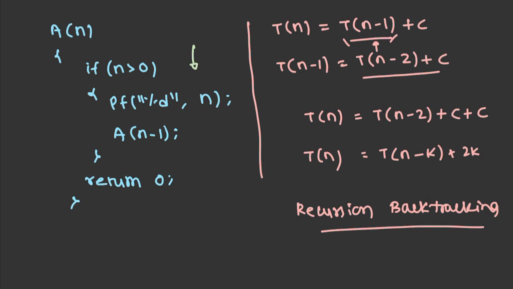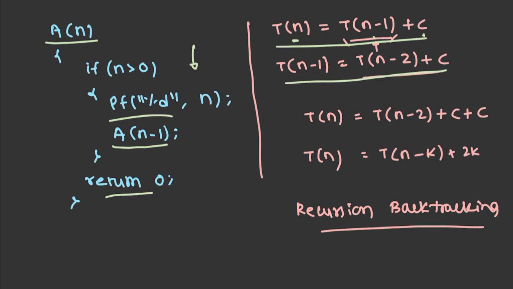Consider this example. Here, the time taken for n is equivalent to the time taken for n minus 1 plus some constant work. If I substitute n minus 1 in place of n, I'll get this equation. In place of the time taken for n minus 1, I can substitute the whole equation. Now, t of n is equal to t of n minus 2 plus constant, which is replaced in this position, plus constant.